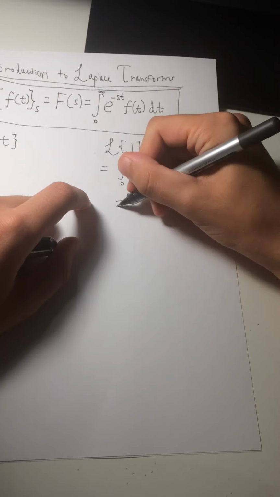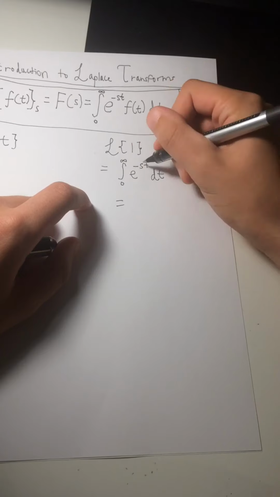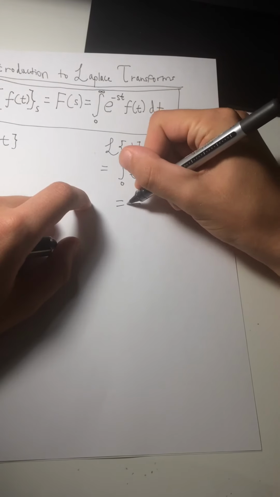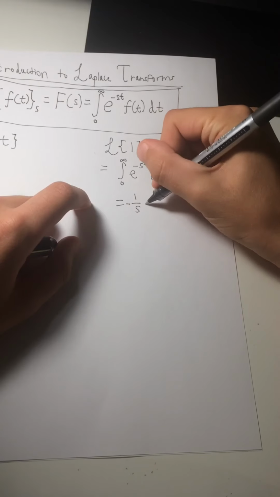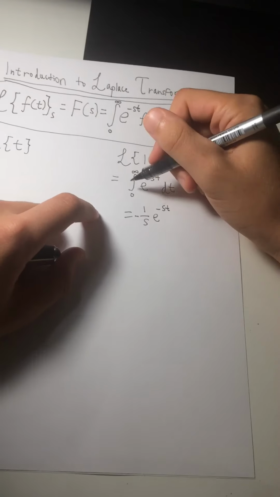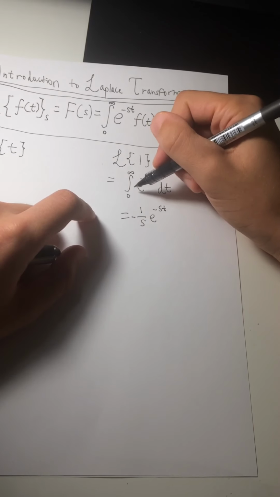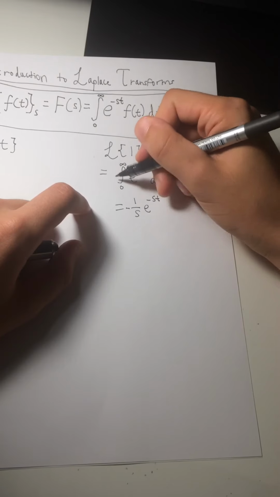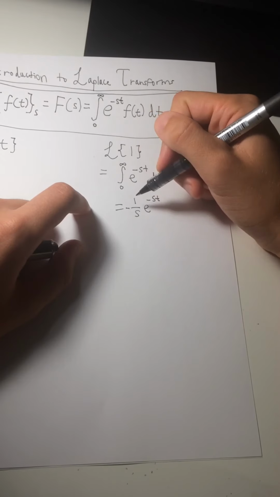So then we know that s can be treated like a constant here. So then we have this. This is just going to be the antiderivative for now.